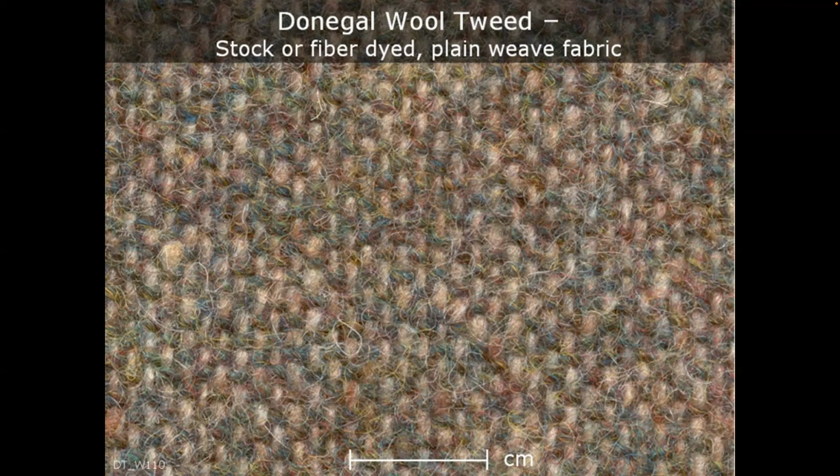So the fibers were dyed, and then you spin it into a yarn. So the yarn has all these different colored fibers, and then you make the fabric. This is a plain weave fabric called tweed, because tweed fabrics are generally made with those fiber dyed wool materials.